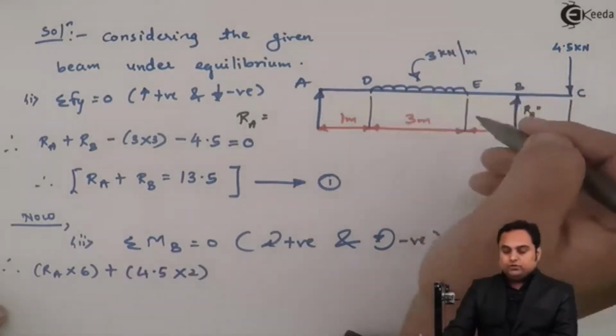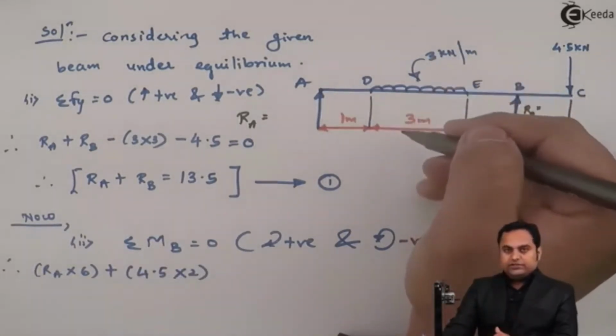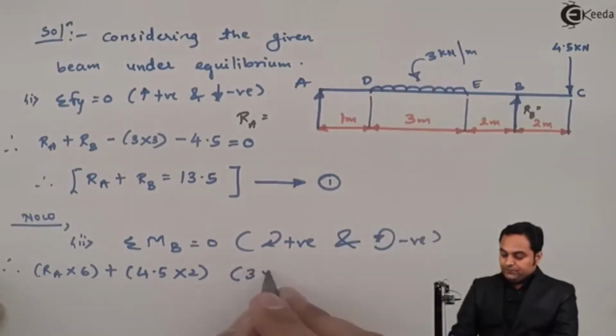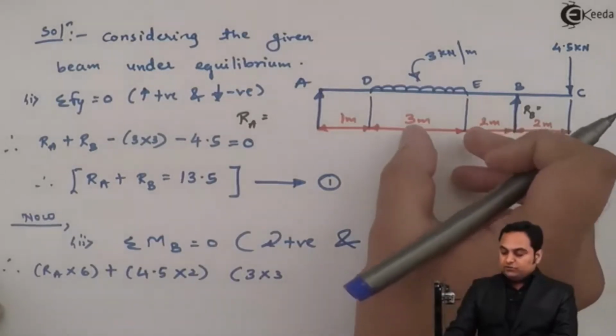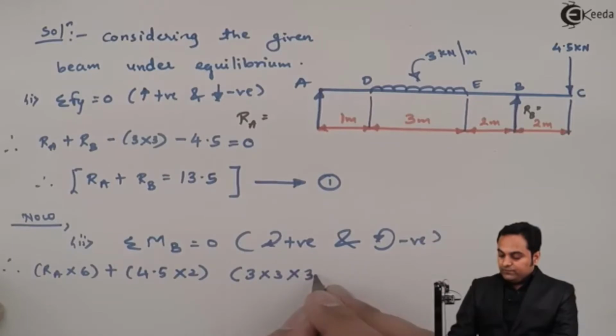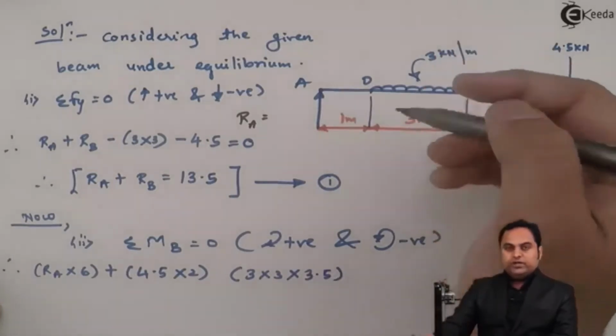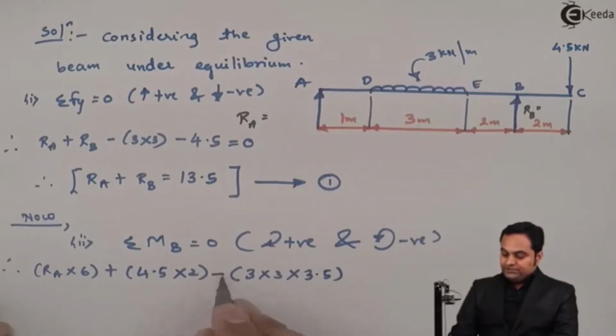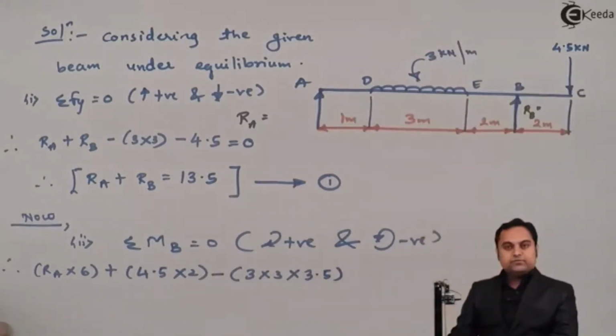Next we have this point load, which is the UDL converted into a point load, that is 3 into 3, and it is acting at half of 3, so 1.5 plus 2, that becomes 3.5, the distance between this UDL, when converted into a point load, and point B. Here it is negative because it produces an anti-clockwise moment.